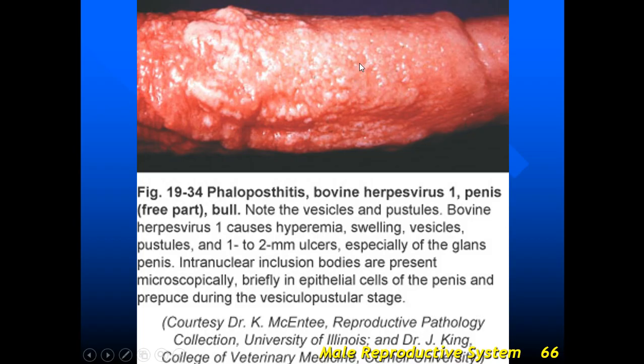These small vesicles can rupture, leaving ulcerative lesions. So in the case of posthitis by herpes virus infection, there will be a wounded area like this here.